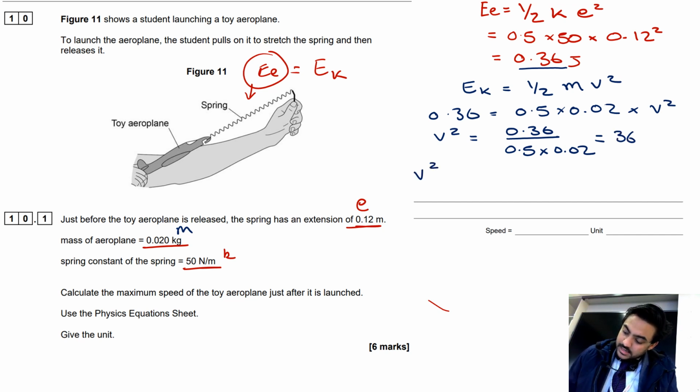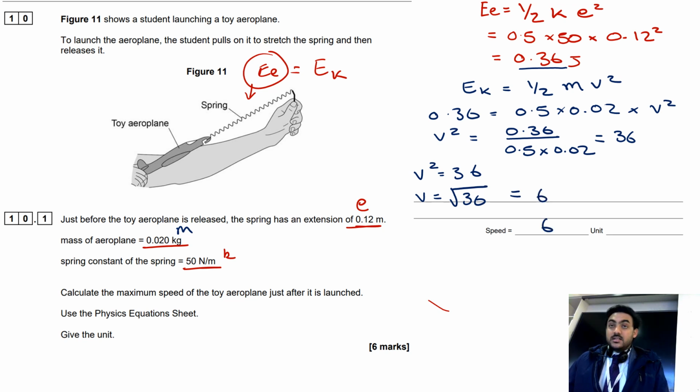V squared equals 36, so v equals the square root of 36, which is 6. Speed is 6 meters per second, and that is 6 marks. How easy is that?